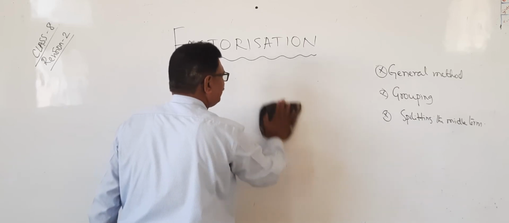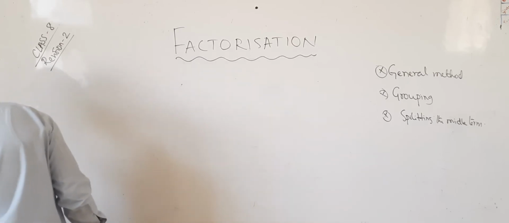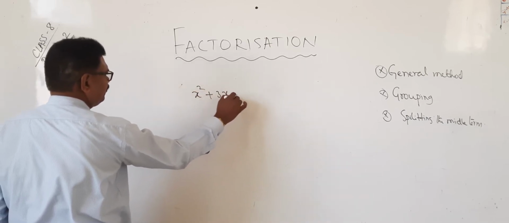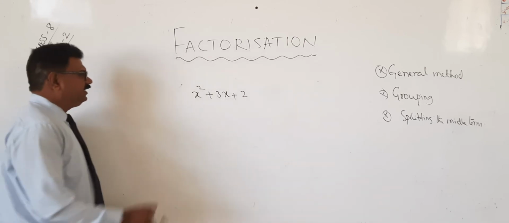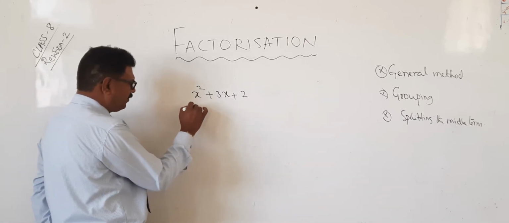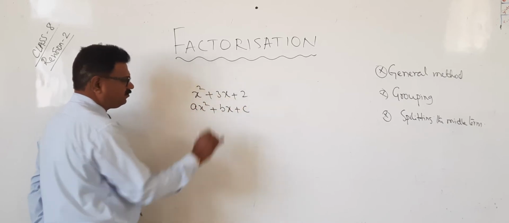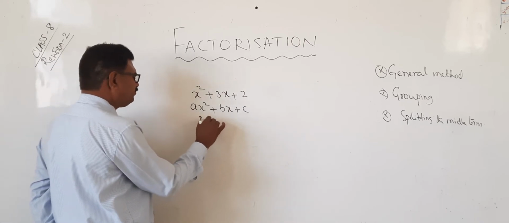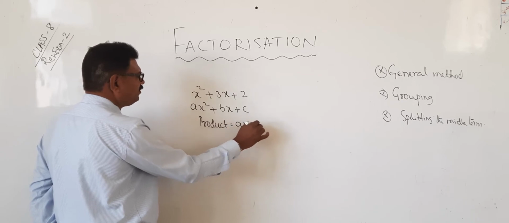The last one is splitting the middle term. In splitting the middle term we will see x square plus 3x plus 2. See, this is in the form of ax square plus bx plus c. First we should see the product. Product means a into c.